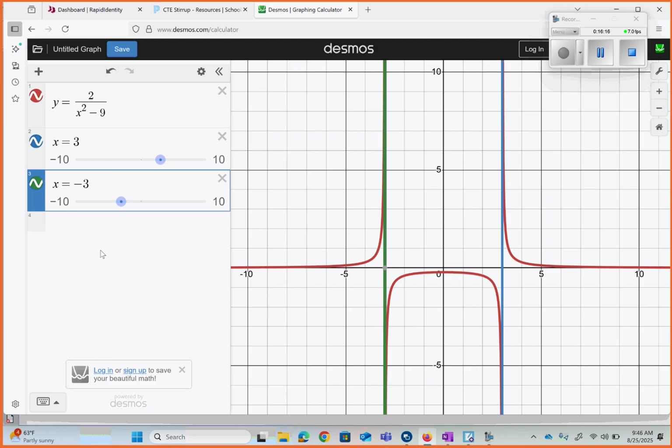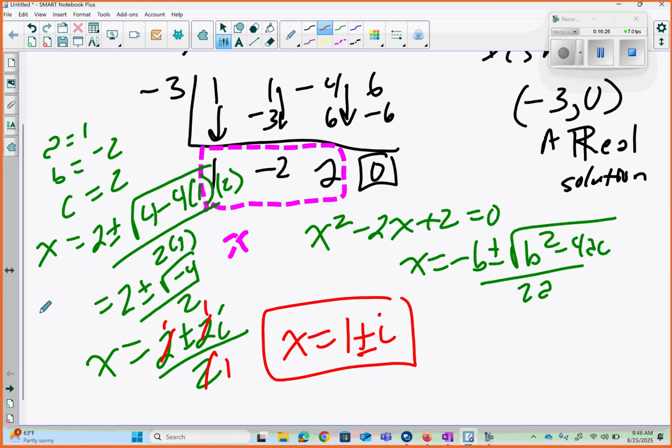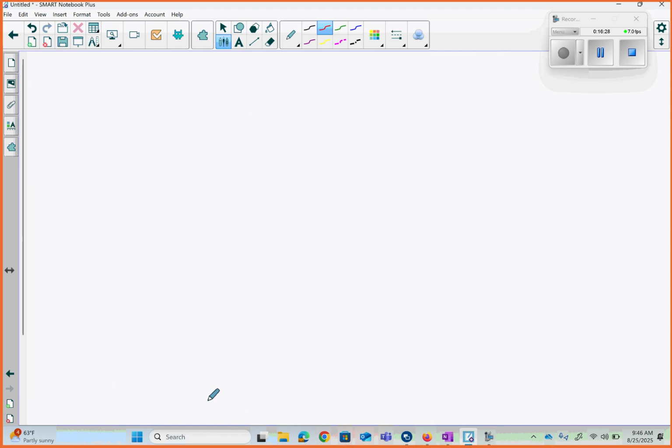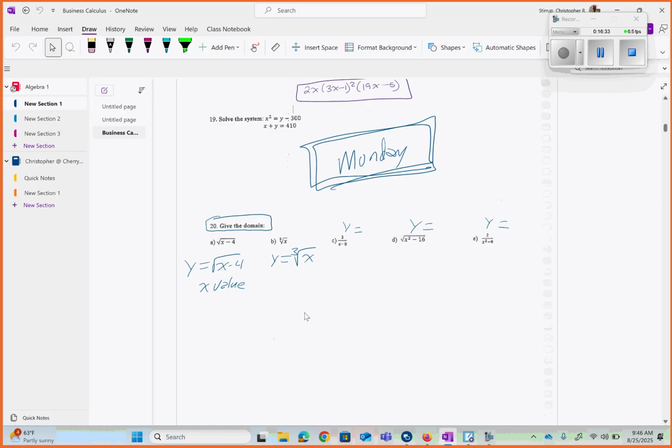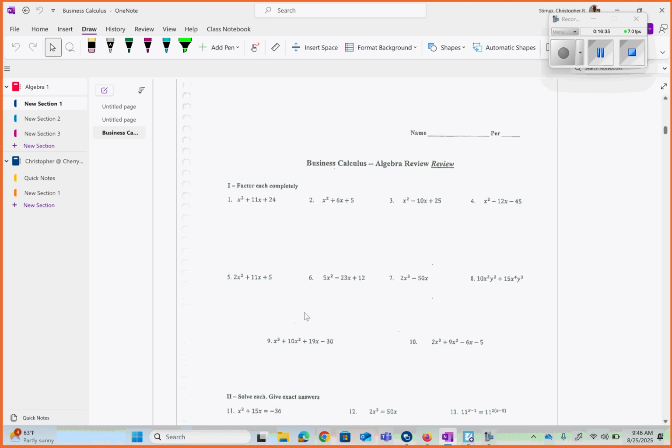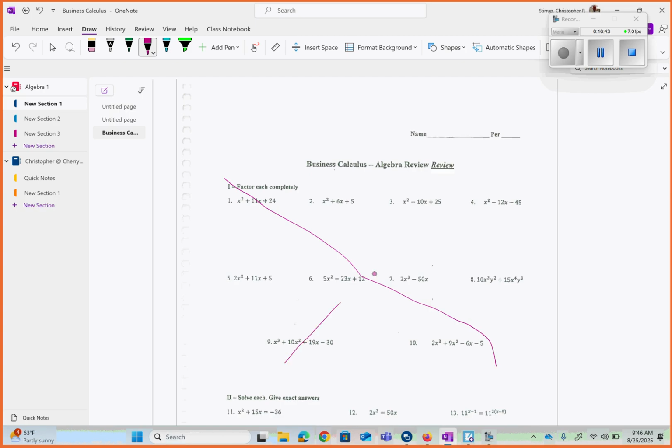So for tomorrow, which is Tuesday, let's take a look at what we'll call the algebra review. We don't need to worry too much about these, so skip 1 through 10.